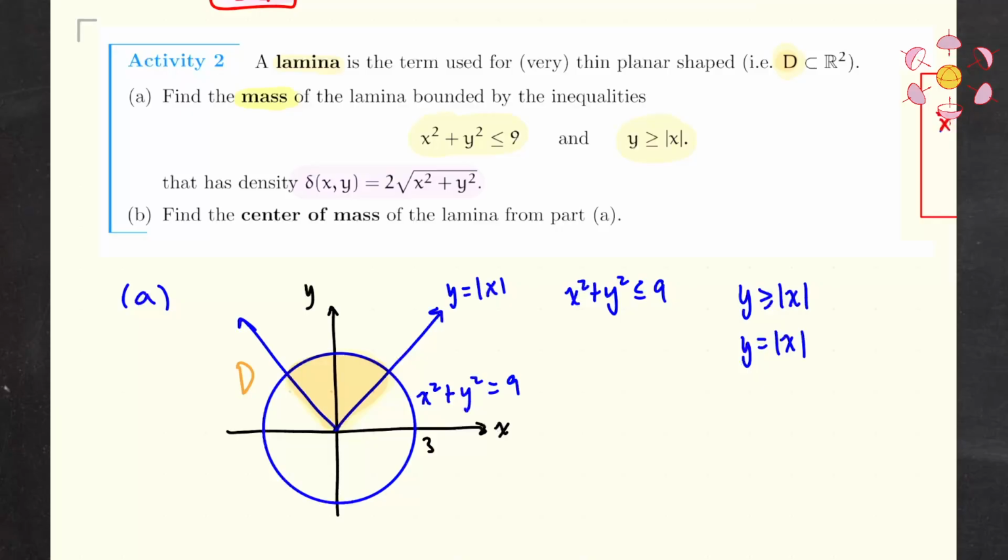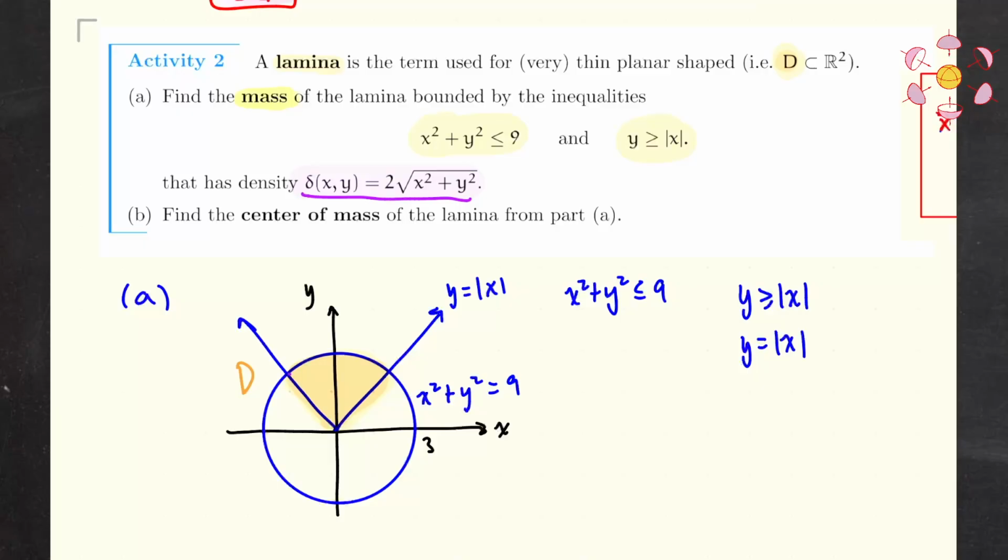The other piece of information to take into account is that we've got some density. Here it's using delta as the density, that's fine. Now let's think about what this is telling us. It's just telling us it's 2 times the distance to the origin. So the further away our point is, the heavier it's getting.